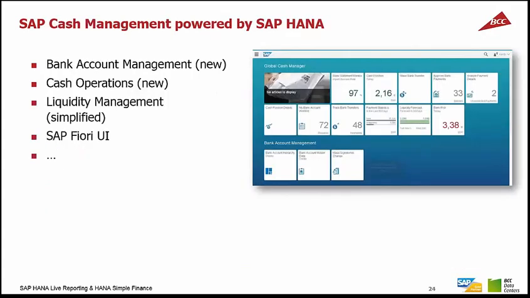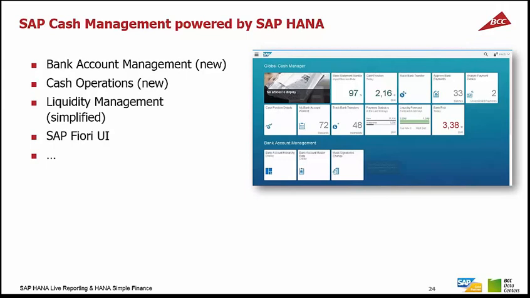The second part of SAP Finance is Cash Management powered by SAP HANA. It includes new parts such as bank account management. If you have a lot of bank accounts, it can facilitate management of these accounts. Cash operation is completely new, and liquidity management is much simplified.